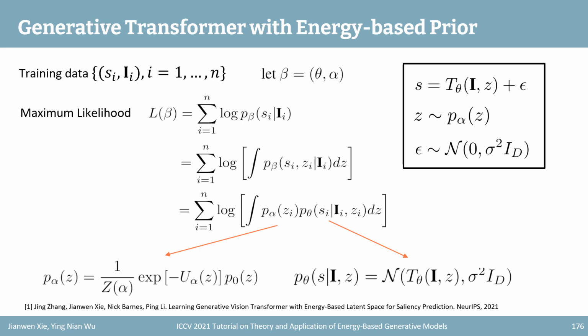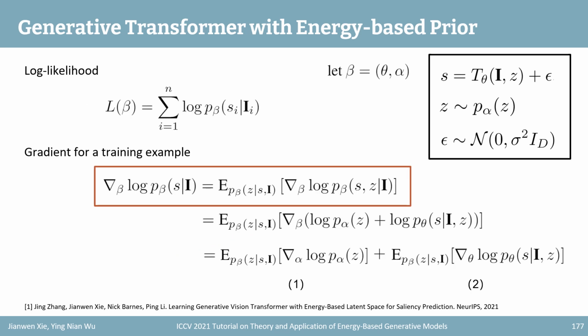We can use beta to denote both theta and alpha. The likelihood is a conditional likelihood. The learning gradient of beta consists of two parts, both of which involve an intractable expectation term under the posterior distribution, P of Z given S and I. The first part is about the learning of the parameters alpha of the EBM prior, and the other part is about the learning of parameters theta of the transformer.